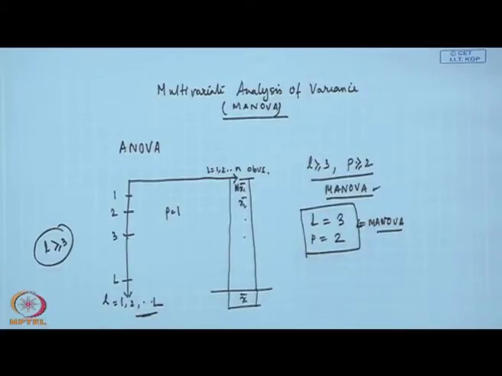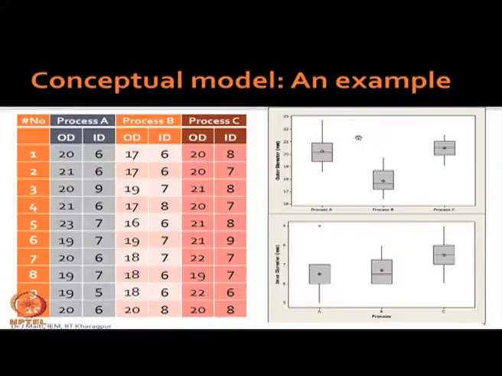Okay. I told you in last class also that one of the useful ways of looking into data is the box plot, and if you see the box plot for the two different variables, inner and outer diameter, for the three different processes, A, B and C, you saw in last class that for outer diameter the mean differences are quite visible from the box plot. In the lower figure, the inner diameters are plotted in terms of box and whiskers.